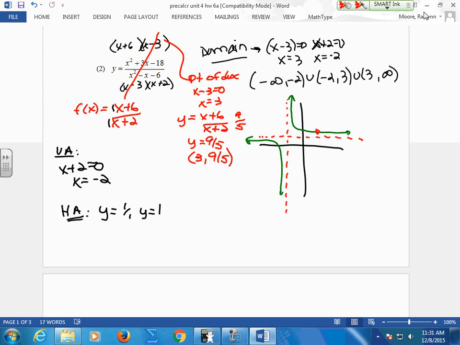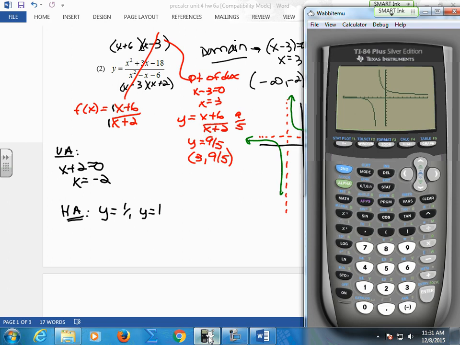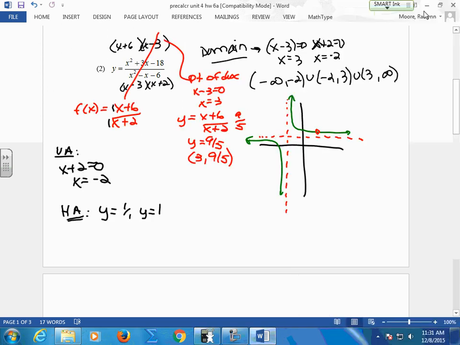I had a point of discontinuity. And this is what I'm talking about with your calculator. If you come down here, and you can't put a vertical, but you can certainly put your horizontal one there, that'll help you. Do you see it? Do you see where your end behaviors are going? They're following that asymptote. It's nice to have you follow it.